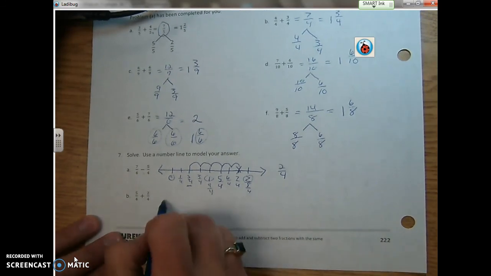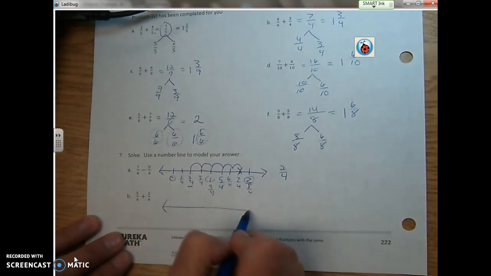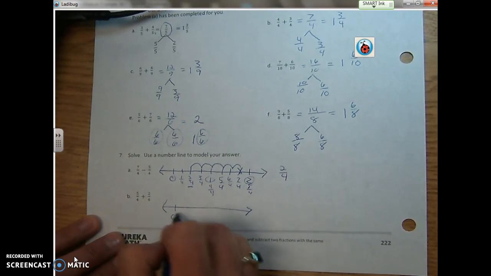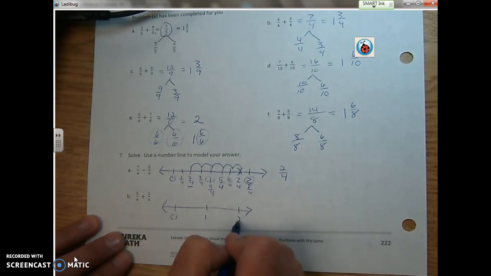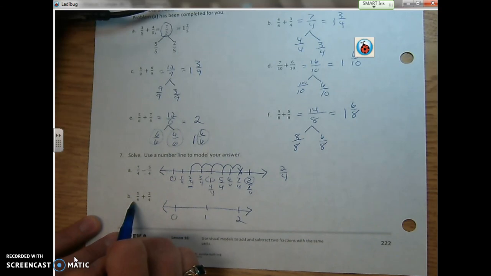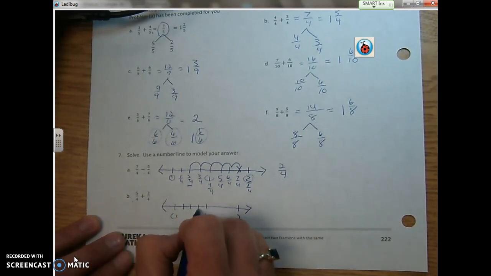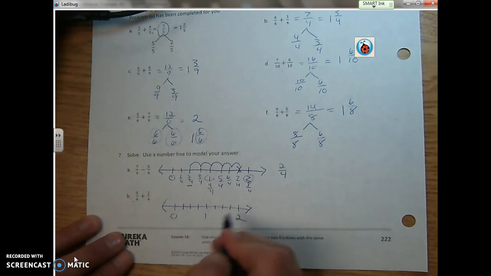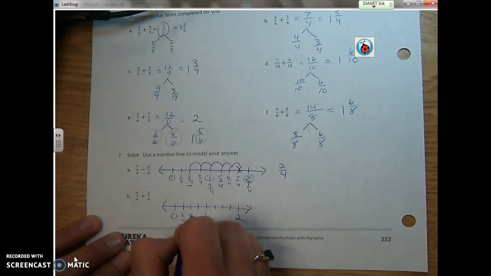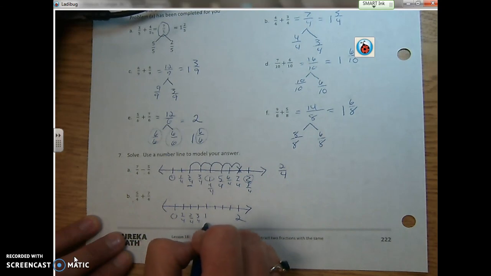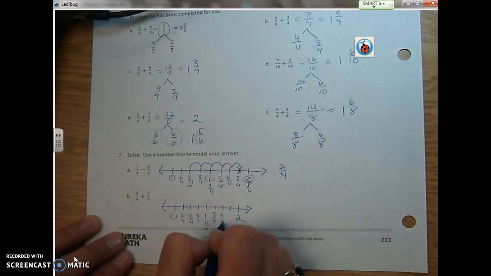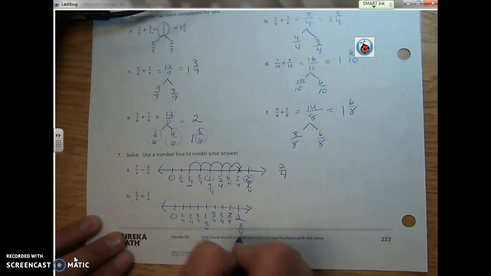Okay, same thing on this one. And why do I start with 0, 1? Why am I going all the way to 2? Because I'm starting with an improper fraction. So then I can break this up into fourths. This is 1/4, 2/4, 3/4, 4/4, 5/4, 6/4, 7/4, and 8/4.